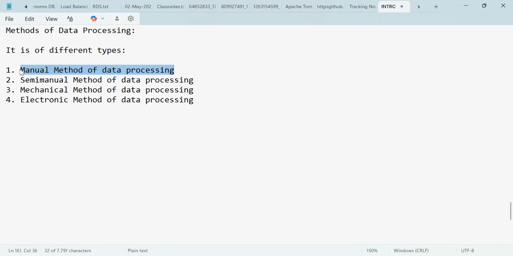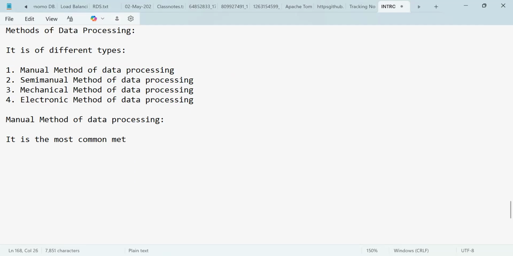First of all, I will discuss the manual method. So what is the manual method of data processing? It is the most common method of data processing cycle.